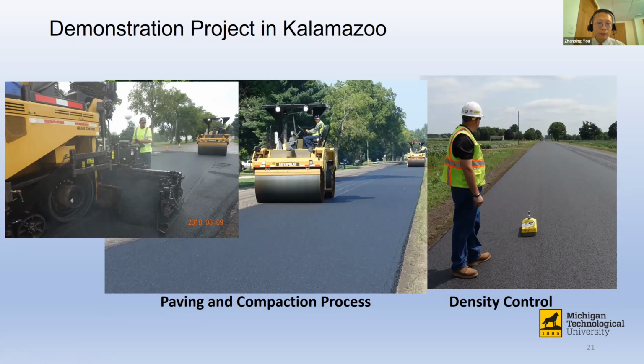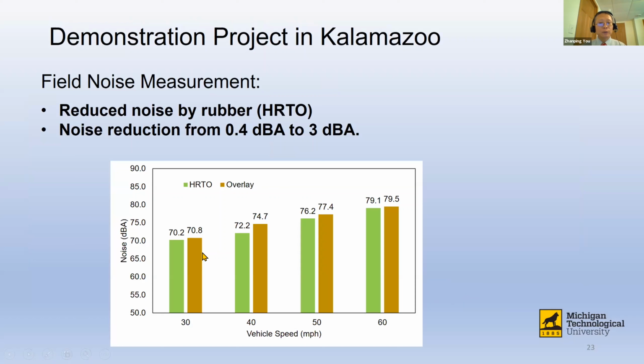After construction, you can see the road looks pretty good. The neighborhood really likes it, and the public feels this road is really quiet. When the public feels it is quiet, that's something we are trying to measure, compared with what they experienced driving on the old pavements.